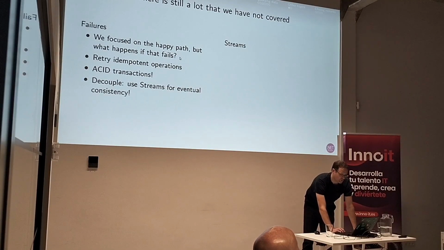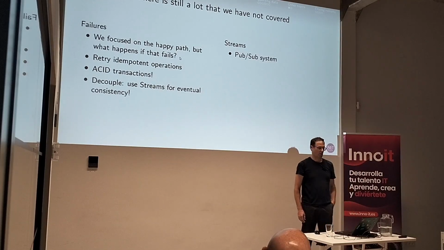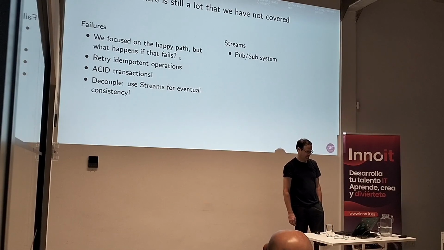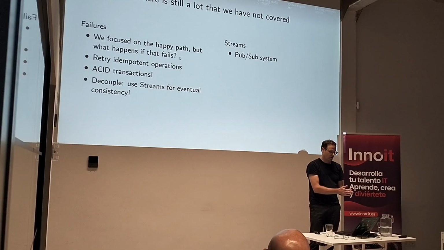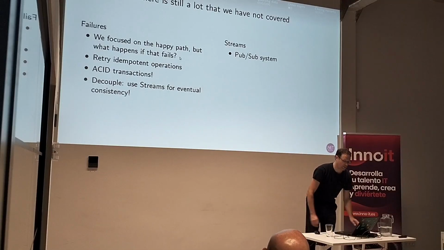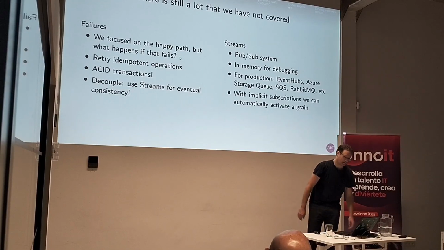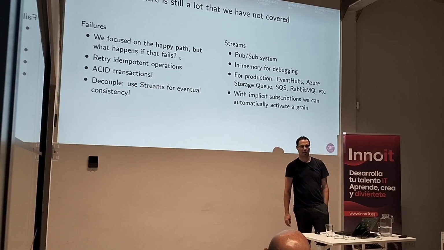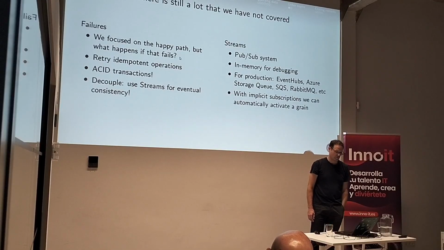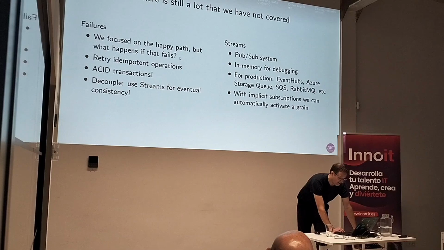There is an internal pub/sub system built into Orleans that can handle messages, and with that you can write to your read model and keep your read model up to date using eventual consistency. For debugging, you have an in-memory stream, but for production, you can connect it to Event Hubs, RabbitMQ, Azure Service Bus, anything really for which you can find a NuGet library.